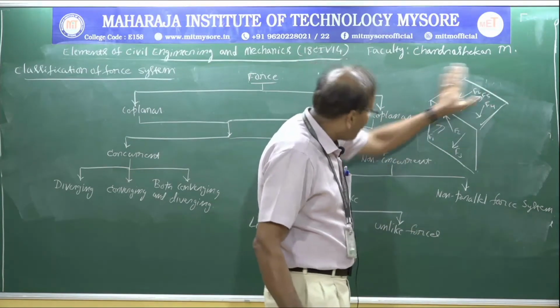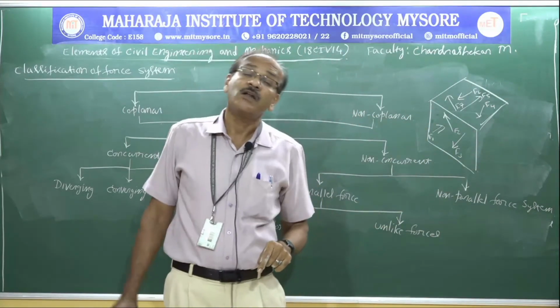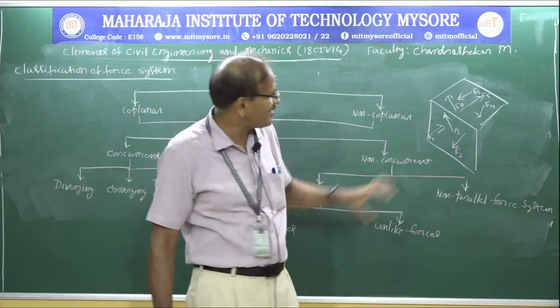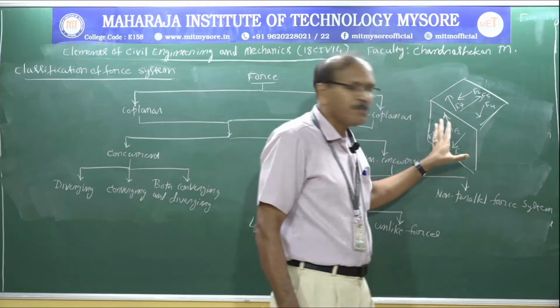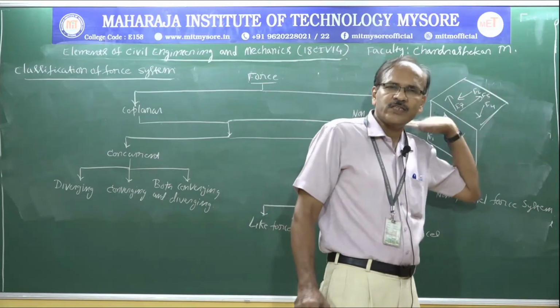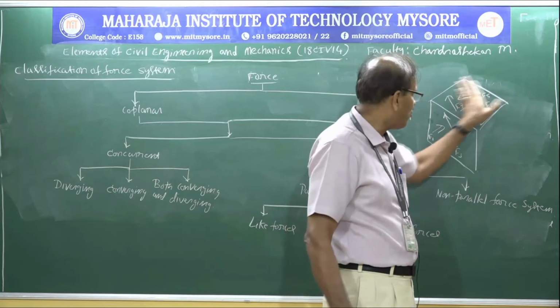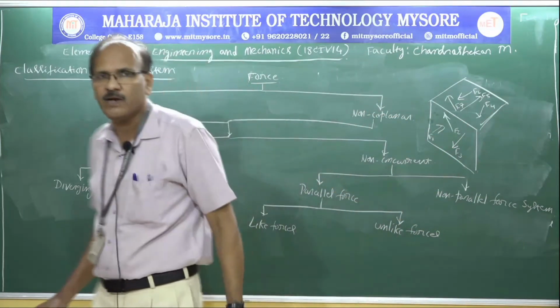If you combine all these forces, F1 to F7, they are a non-coplanar force system because one set of forces acts on this plane and another set acts on that plane. So these are coplanar, and combined together it is non-coplanar.